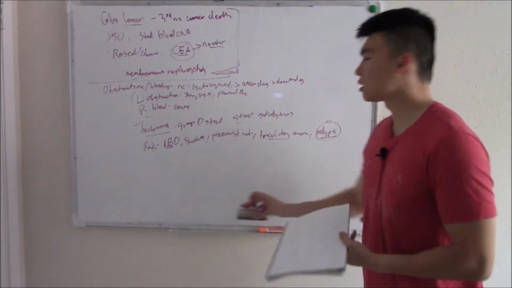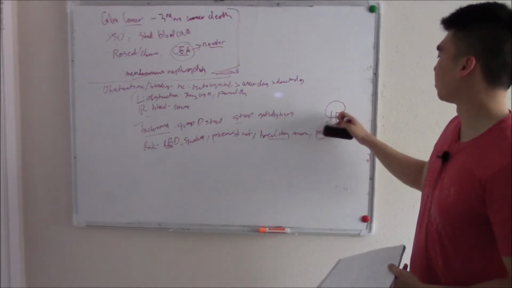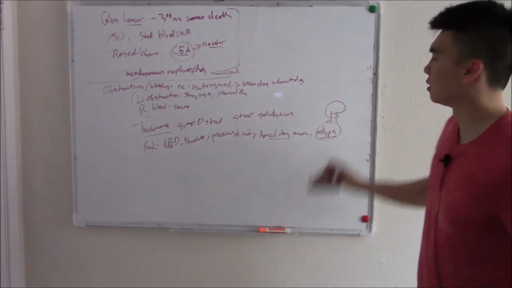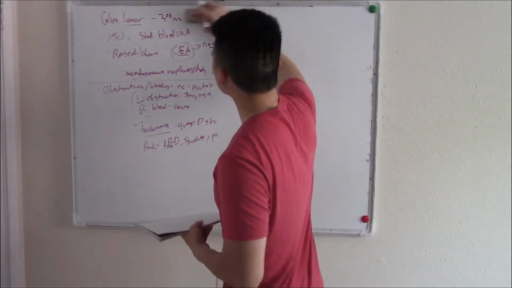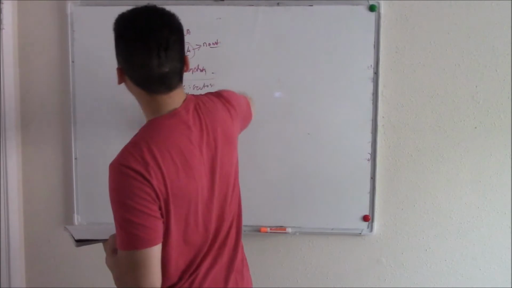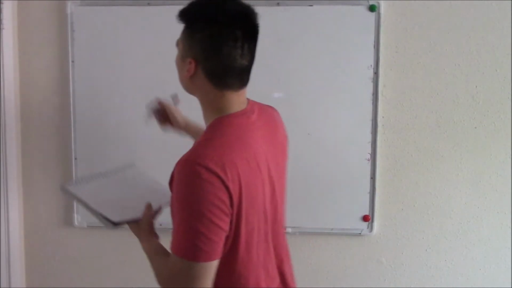Now, how does your normal epithelium become so mutated? How does it make these polyps in your colon? There are many different pathways. Let's talk about some of them here.